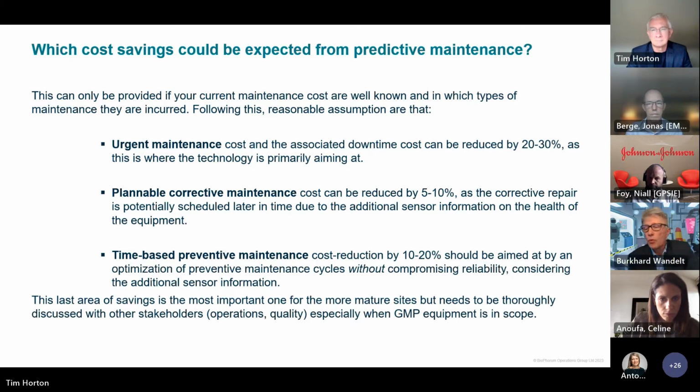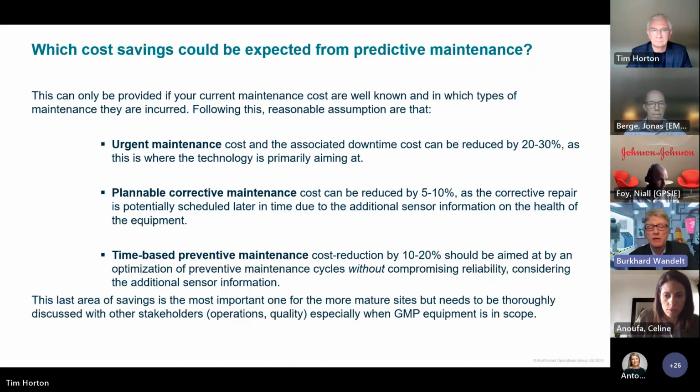Okay, so where more specifically can we expect the savings? We have sat together and we aligned ourselves on this approach. So it's based on the experts' view that have been working together here. If we are able to apply a large-scale predictive maintenance approach in future days, we can expect to drive down urgent maintenance, and a reasonable assumption is to save cost associated to that by 20 to 30%.